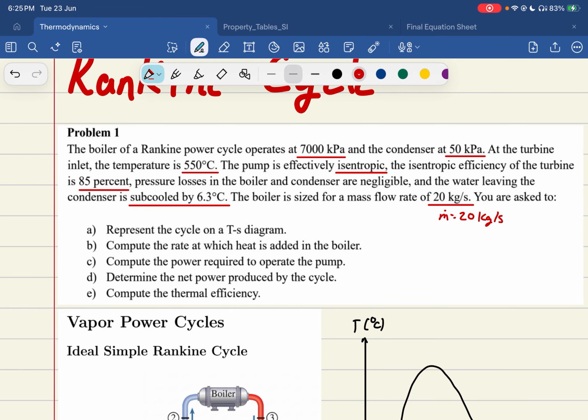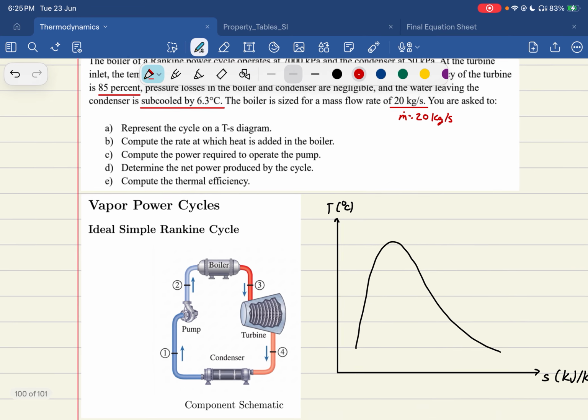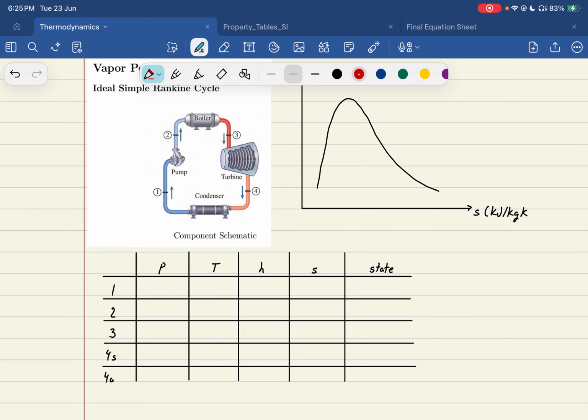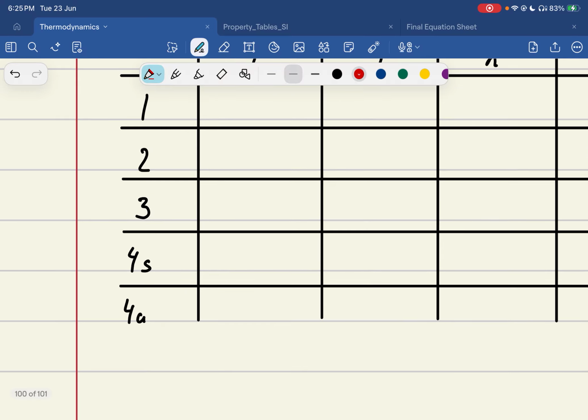per second. Okay, so first, what I would do is always create a table. From that, we can fill in everything we know, and from that, we can go ahead. So state one, we know it's 50, okay, and then 7,000, 7,000. And for the isentropic ones, they change in temperature, but not in pressure.